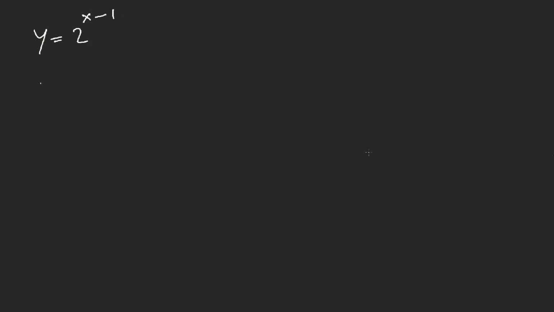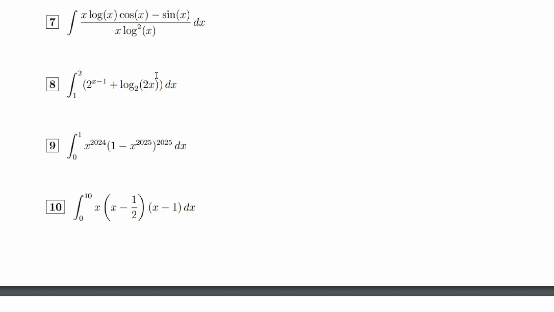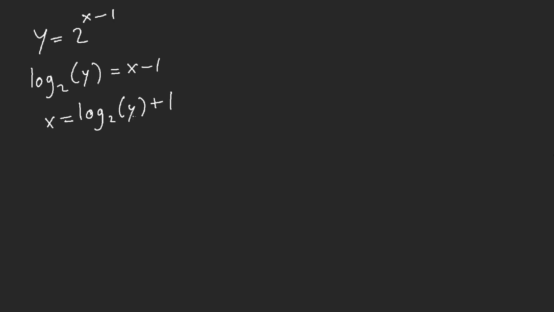Okay, well, we have log base 2 of y, x minus 1, right? So x is equal to log base 2 y plus 1. And here I was confused. I'm like, this doesn't really match, right? So maybe I have to do some sort of weird inverse trick.